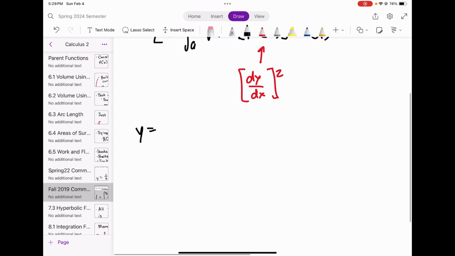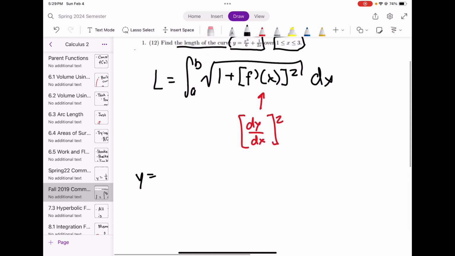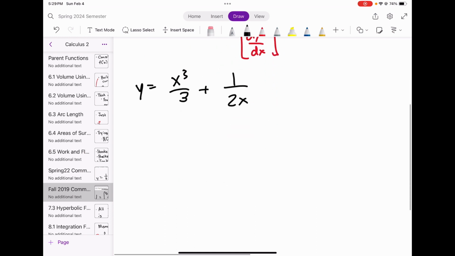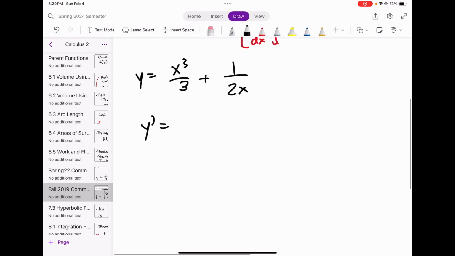So y is equal to, let me just rewrite this, x cubed over 3 plus 1 over 2x. y prime, or f prime of x, same thing, is 1/3 times 3x squared plus 1/2 times -1 x to the -2.